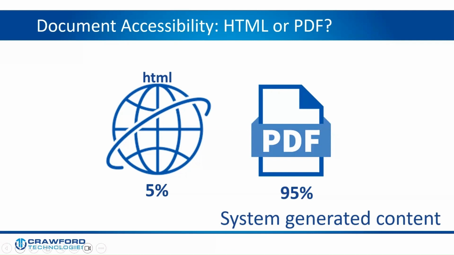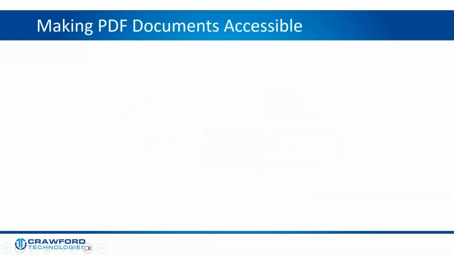So given that that's the case, how do we address one of the common concerns about PDF, and that is that it's not accessible? Well, it's possible to make PDF documents accessible. Contrary to popular belief, you can make a PDF document fully accessible and fully usable, and it's possible and simple to do that.